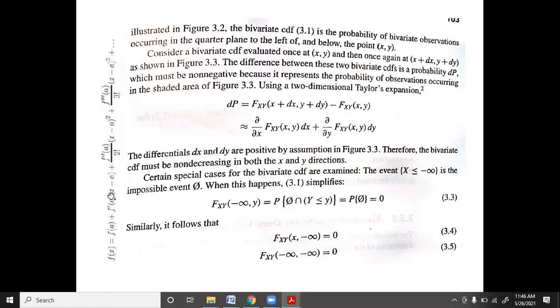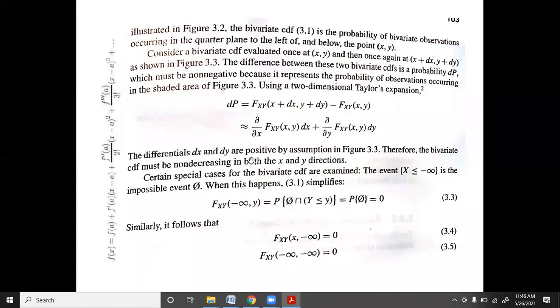If we expand f of xy over here, the value of f of xy gets cancelled, and we are left with dou by dou x, which is just the f dash component with respect to x, and dou by dou y, which corresponds to f dash with respect to y.